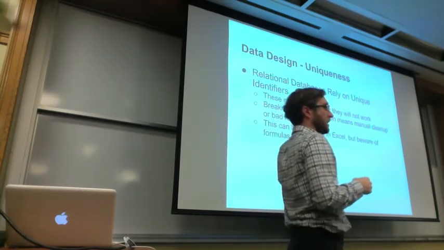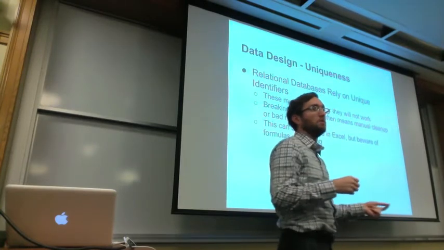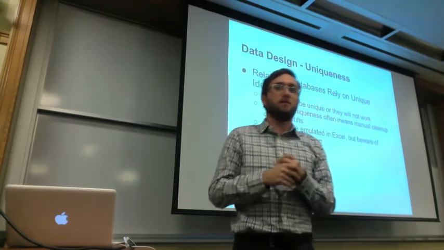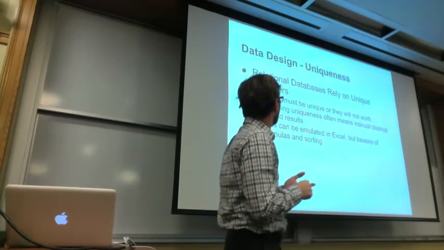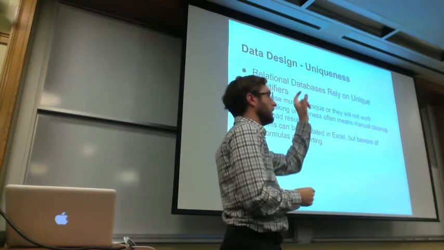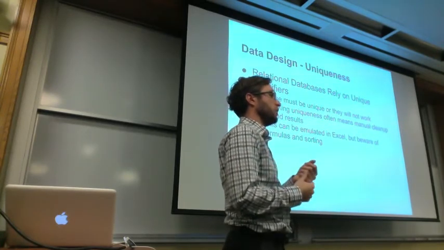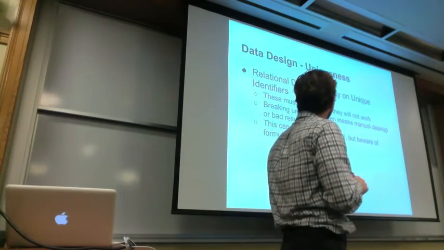Making sure that the identifier for Bob always links to Bob and only to Bob will make your analysis significantly easier. Even if you're not working in a relational database, trying to come up with some unique identifier for your rows can be incredibly helpful for this sort of analysis.